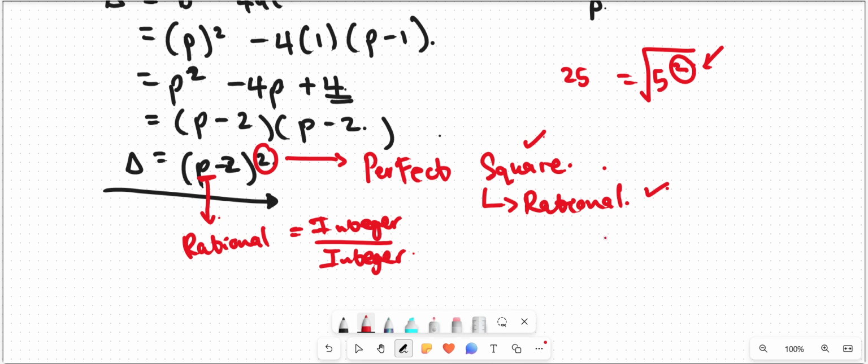So it tells me that the roots are in fact rational because of that square there, and obviously if it's rational, it means they're real as well, and whether they are equal or non-equal we can't actually tell here. We would actually need to find the actual values of p that are going to give me equal or non-equal roots. I hope that makes sense, guys.